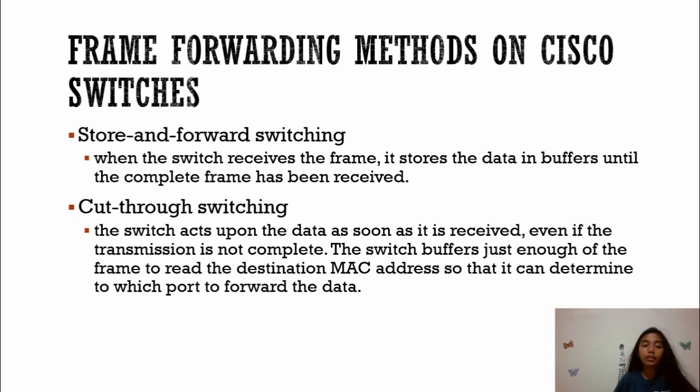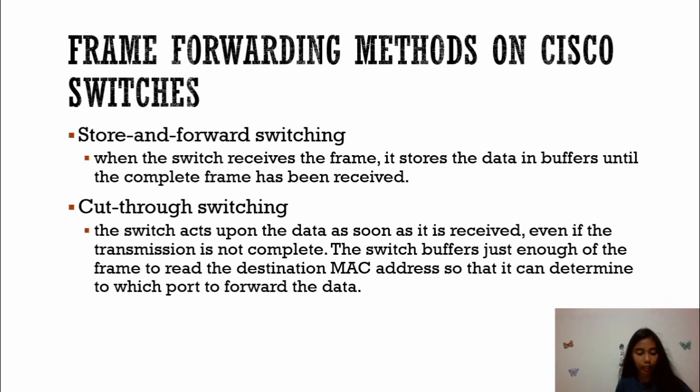The difference between cut-through and store-and-forward switching is that store-and-forward receives the whole frame before forwarding. Since frame errors cannot be detected by reading only the destination address, cut-through may impact network performance by forwarding corrupted or truncated frames.